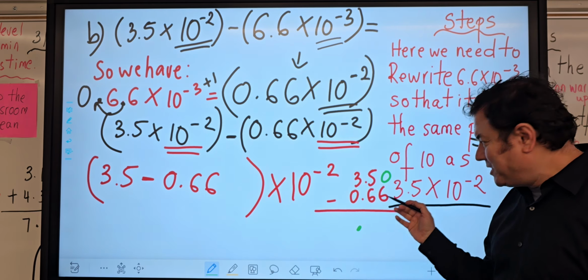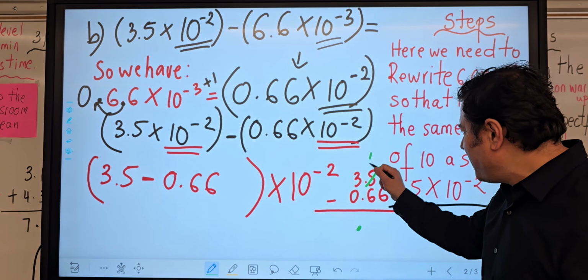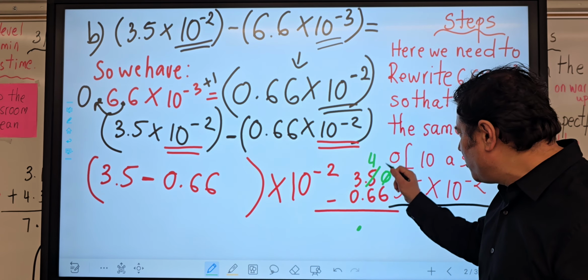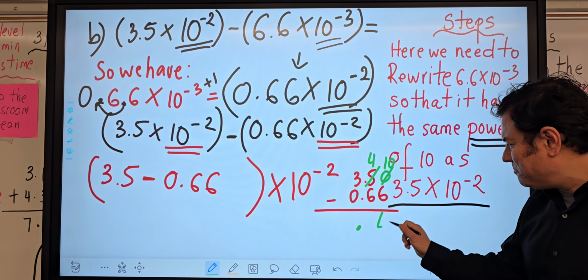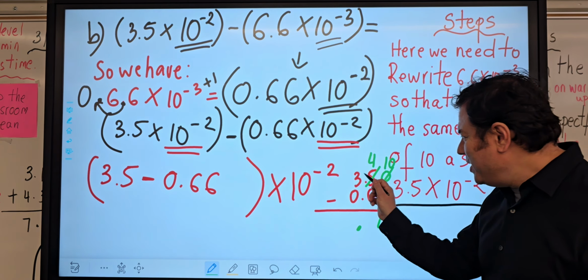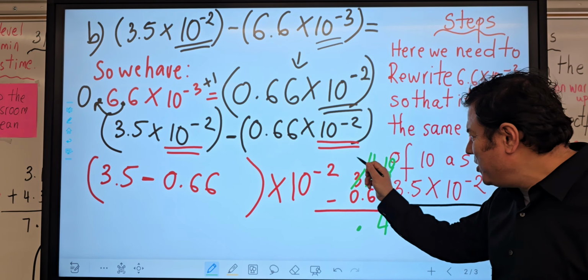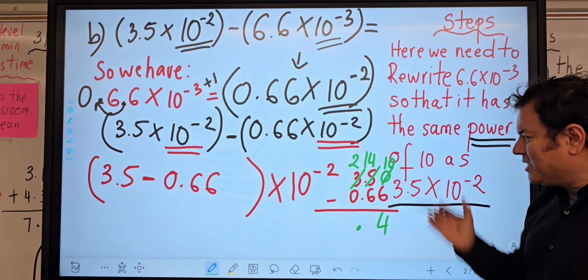Can we take away 6 from 0? No. We need to borrow from the 5. Make 5 a 4, make 0 a 10. Now, 10 minus 6 becomes 4. Can we take away 6 from 4? No. We need to borrow from the 3. Make 3 a 2 and make 4 a 14. And let's subtract.